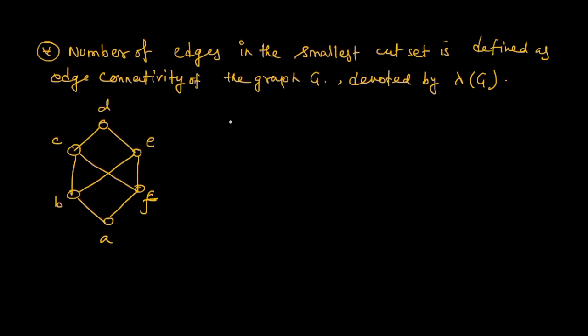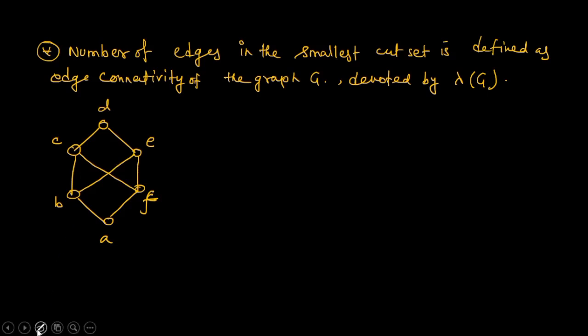Your target is to get a set of edges whose removal produces a disconnected graph. This is the first criterion. And the second criterion is that the set should be a minimal choice.